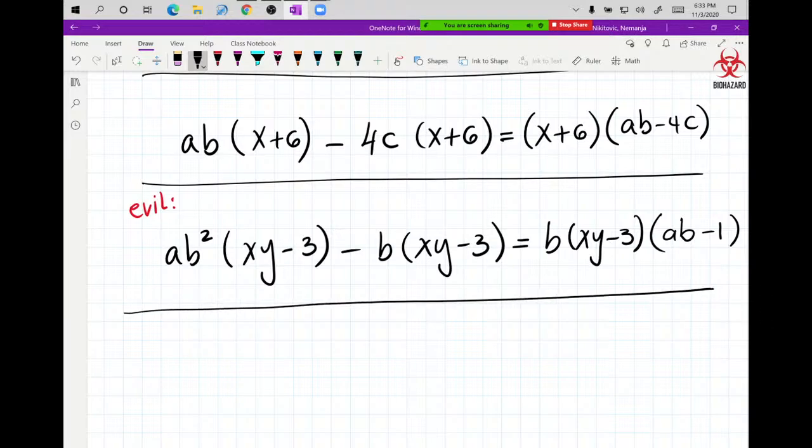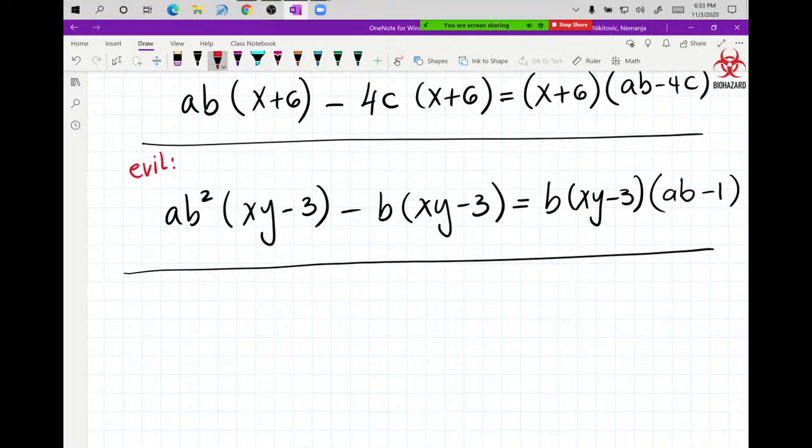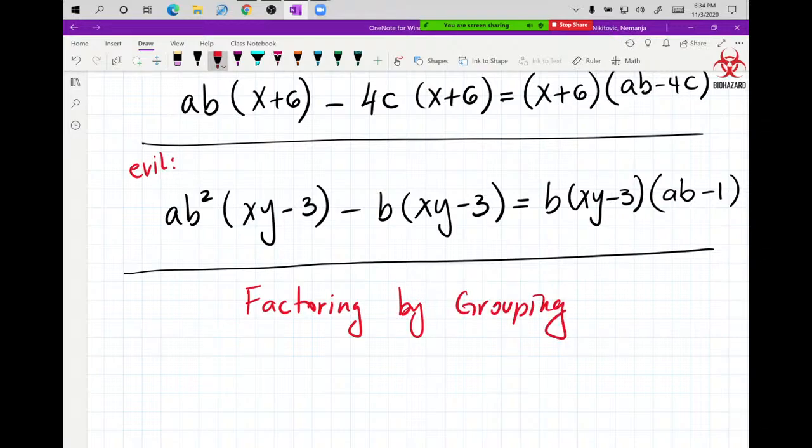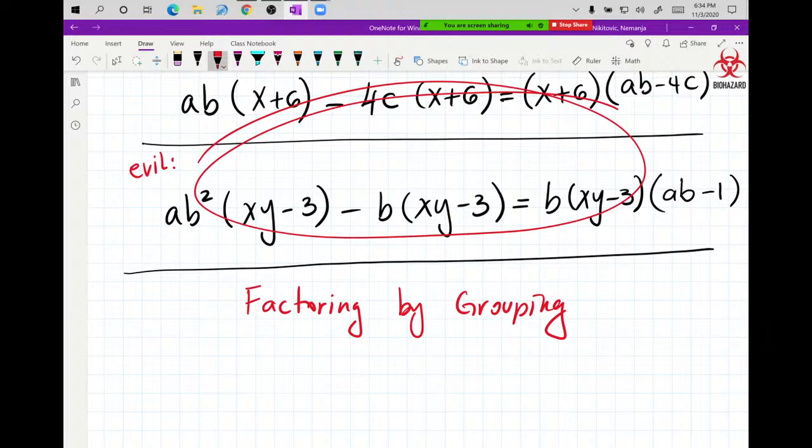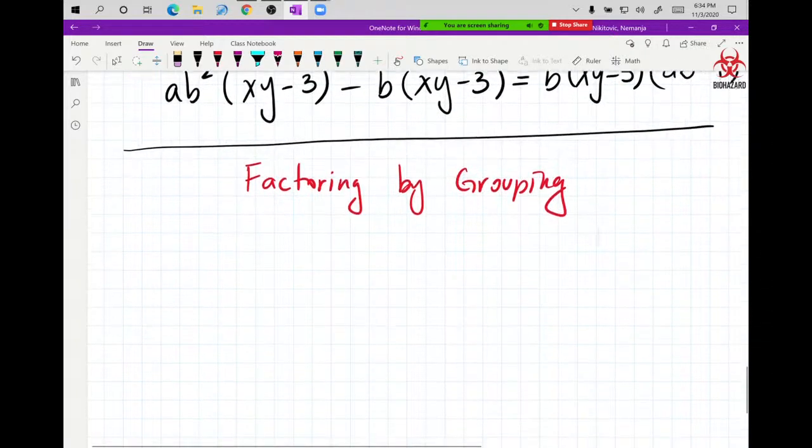Okay, now we get to practice this even more, because the next title is factoring by grouping. So we are going to group the terms together, and then we're going to do the GCF, which will actually lead us into this situation from before.